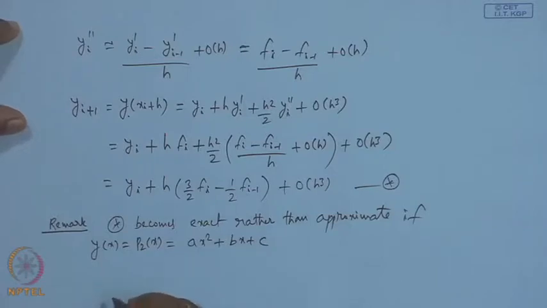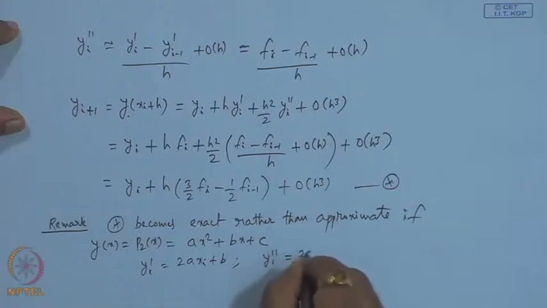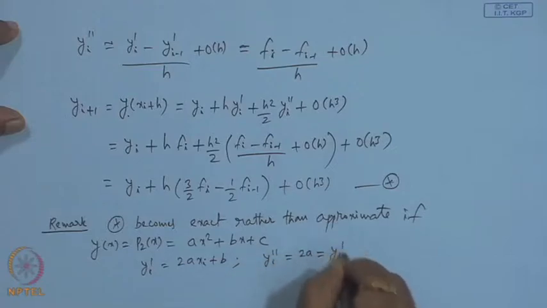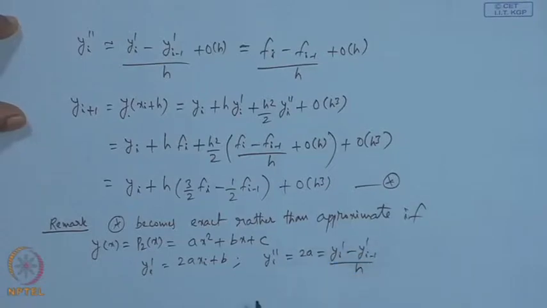Because y i prime is 2 a x i plus b, then y i double prime is 2a, divided by h.